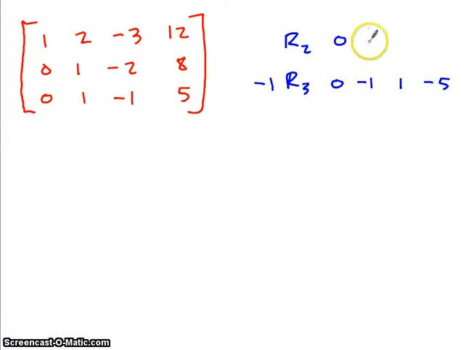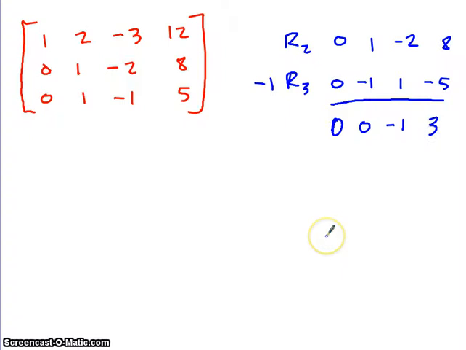We have a 0, 1, negative 2, and 8 for row 2. Let's add straight down, and we have a 0, 0, negative 1, and positive 3 there. So we're going to replace our row 3 now.